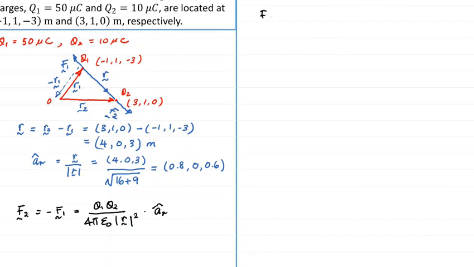So F2 equals 50 microcoulombs times 10 microcoulombs over 4 pi times 8.854 times 10 to the minus 12.